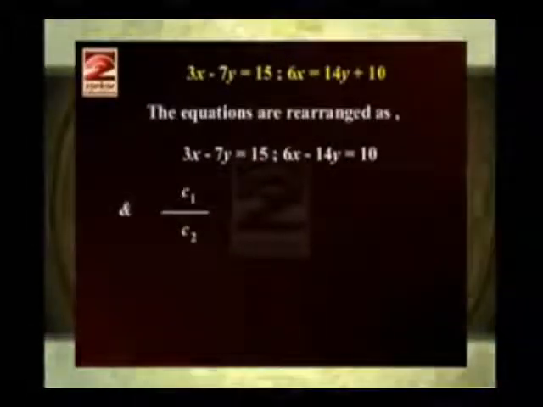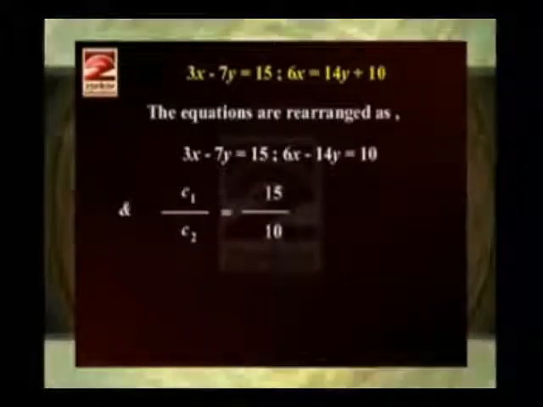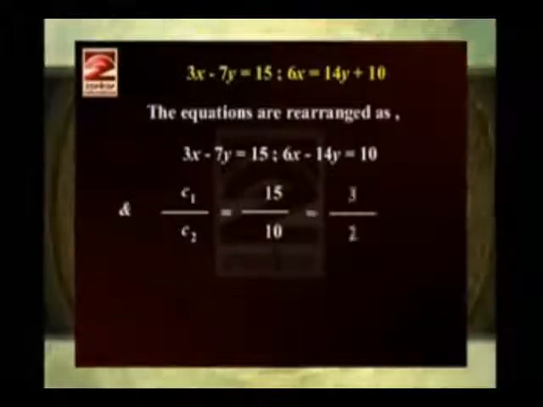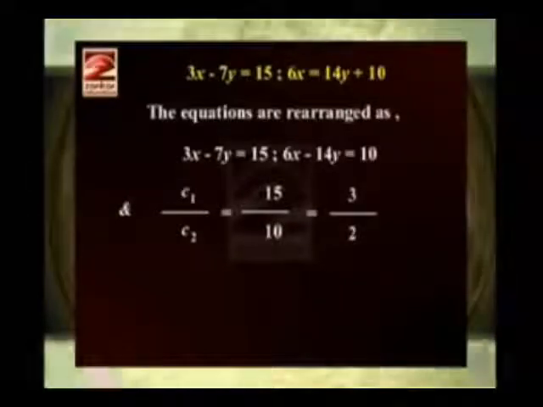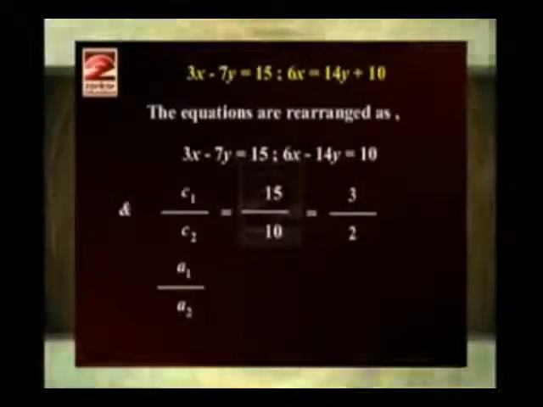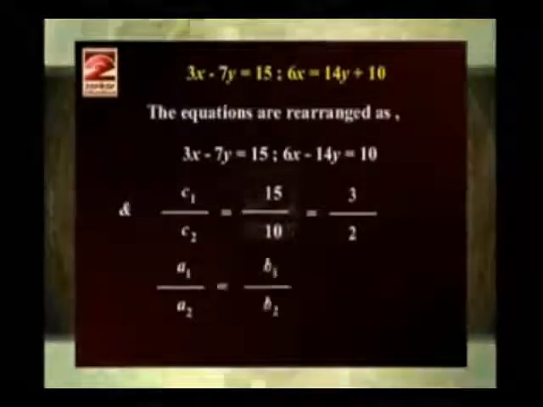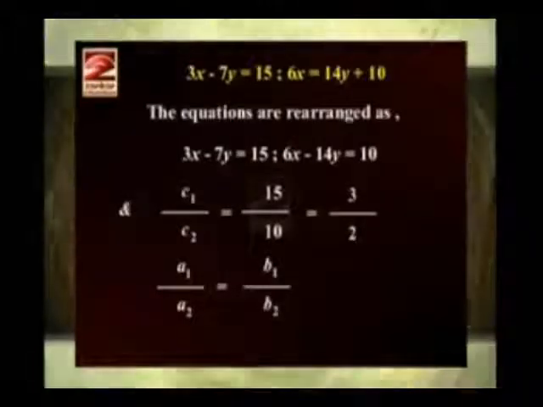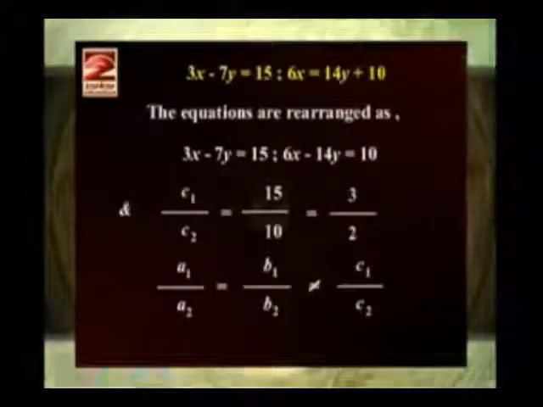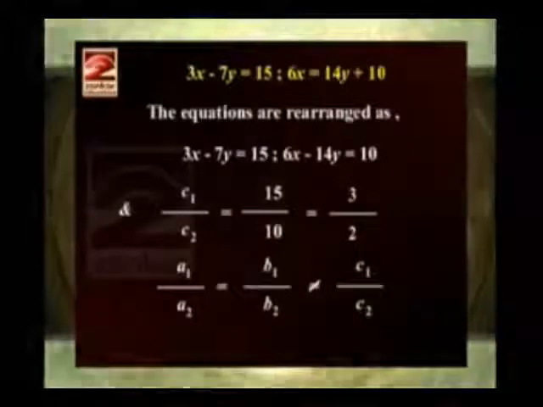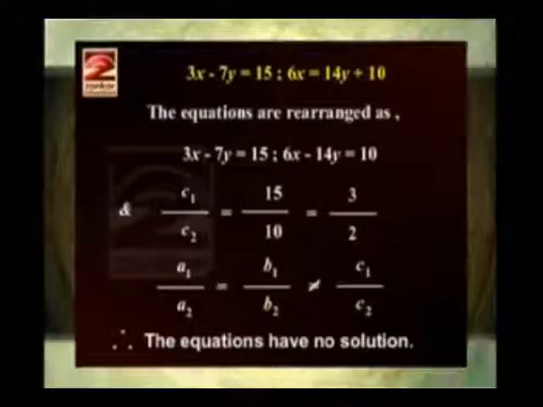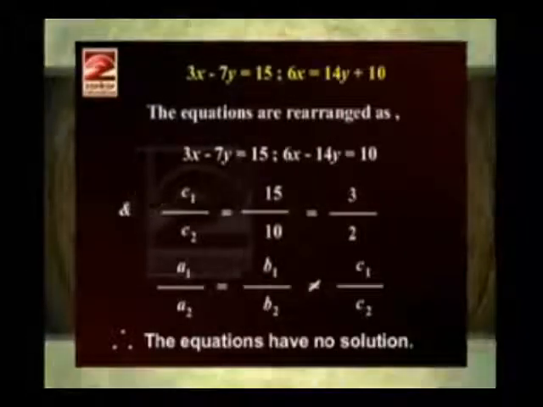And c1 upon c2 is equal to 15 upon 10, that is equal to 3 upon 2. That means a1 upon a2 is equal to b1 upon b2 is not equal to c1 upon c2, and therefore the equations have no solution.